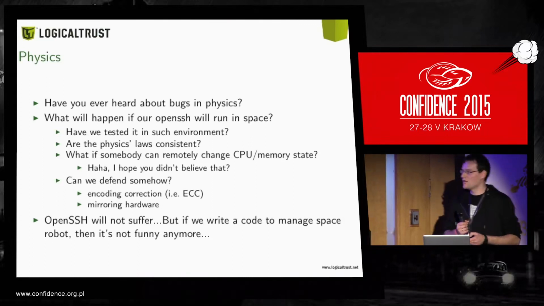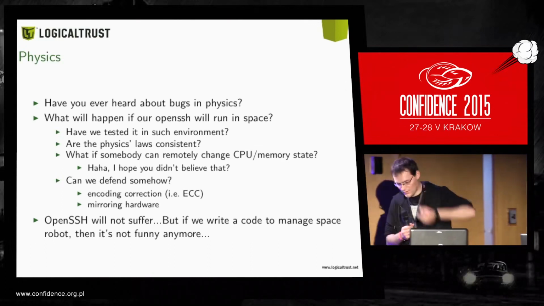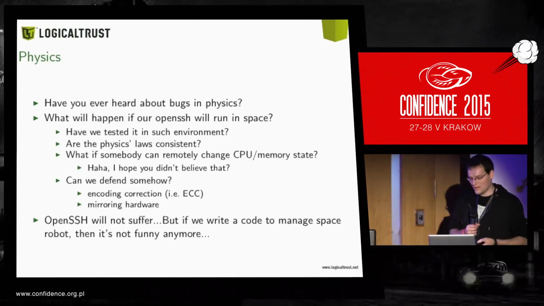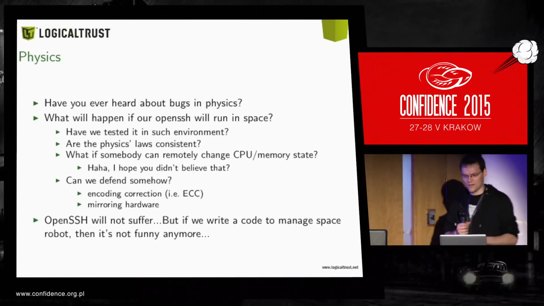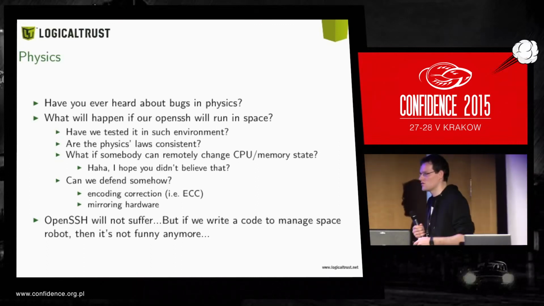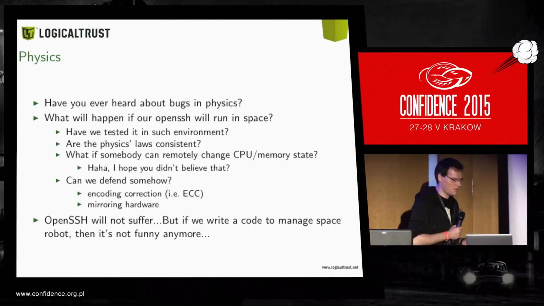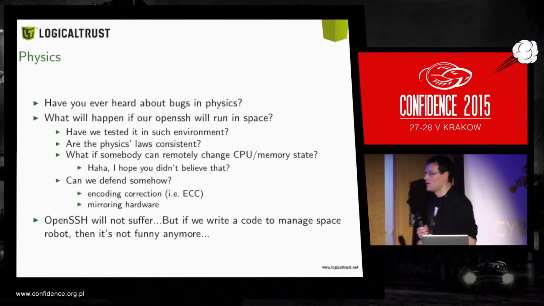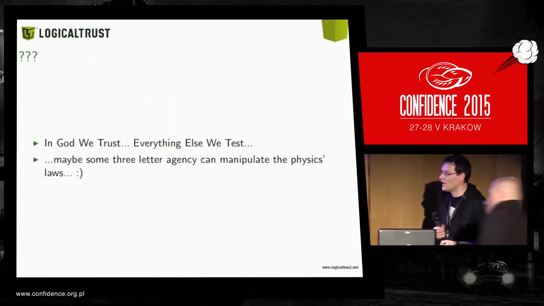We don't know how physics works millions of light years from here, but we expect that it's constant. And probably OpenSSH will not suffer because of that. But if you want to send your code outside the solar system, then probably it's not funny anymore.